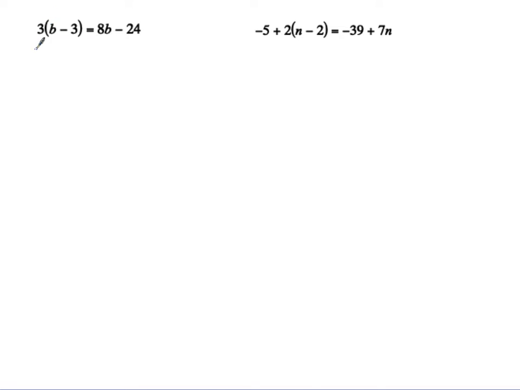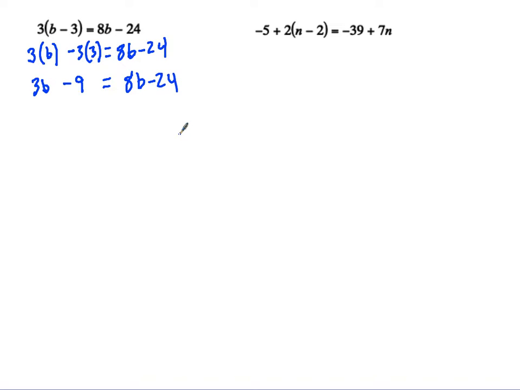So this one, distribute the 3 first, 3 times b, and then minus 3 times 3. And that equals 8b minus 24. So 3b minus 9 equals 8b minus 24.